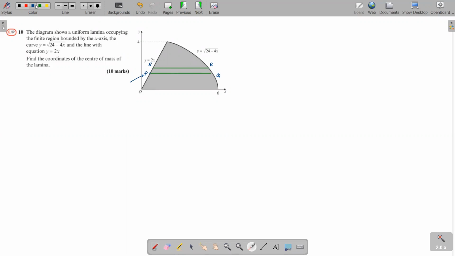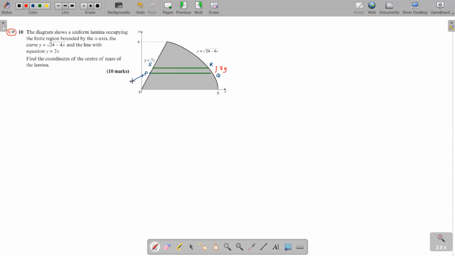When we took vertical strips, the width was delta x, but now the width is along the y axis. So the width in this case is not delta x, it is going to be delta y, because you are making a small change in the y axis, not the x axis. So this time the width is delta y.